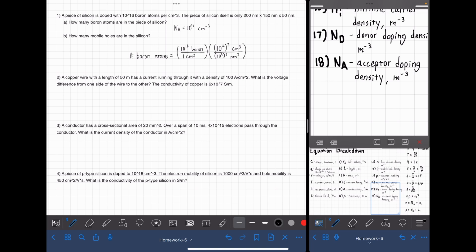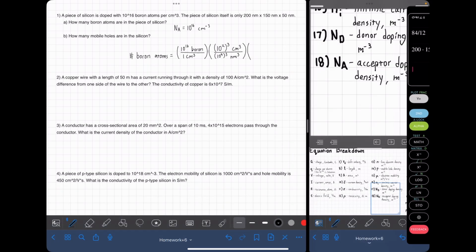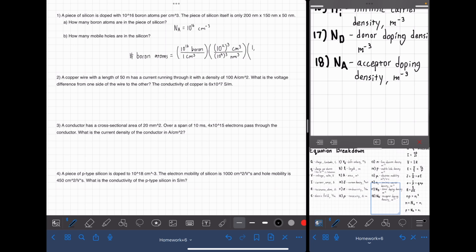So now we can multiply by our volume over here, the 1,500,000 nanometers cubed, and there are no additional units needed because, as we can see, our centimeters cancel out here, nanometers cancel out here, and we are left with just the number of boron atoms.